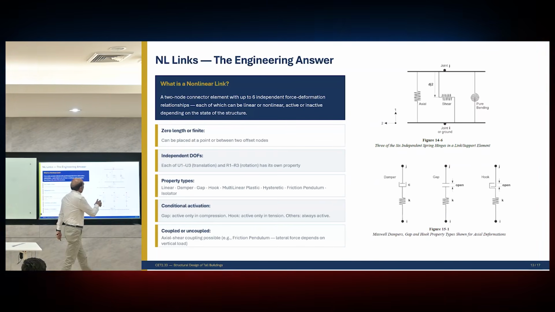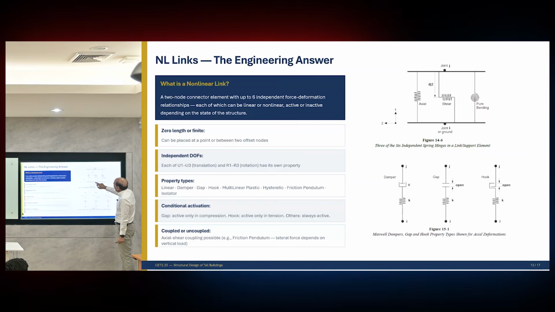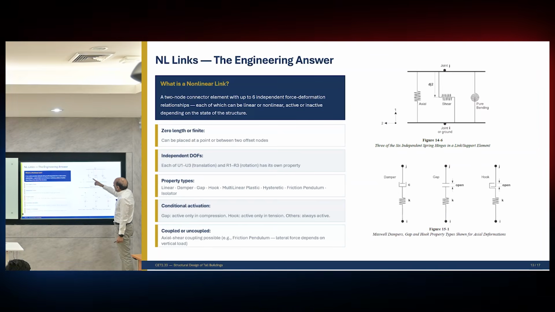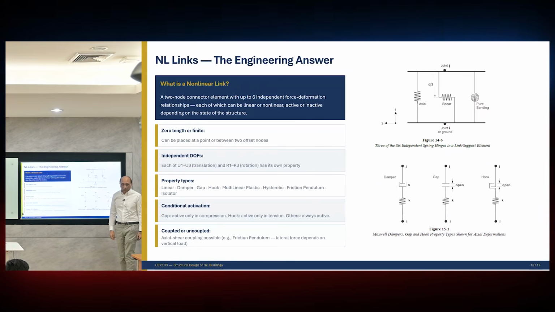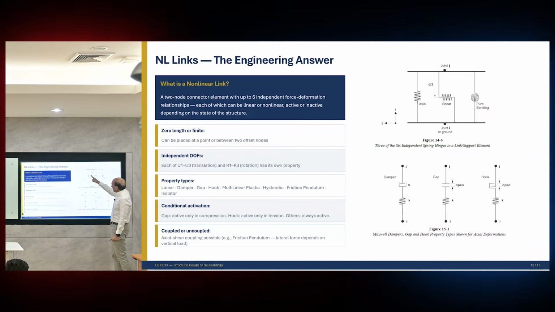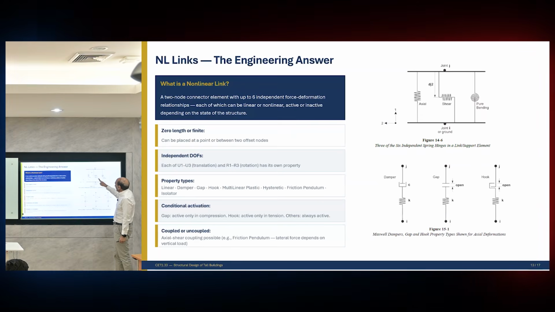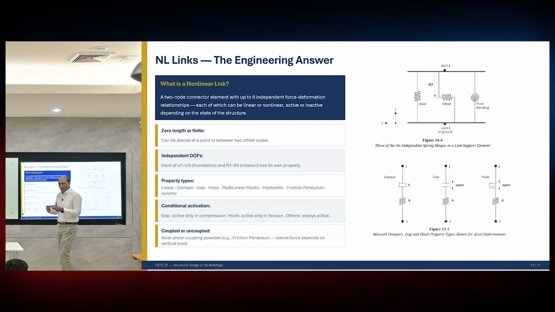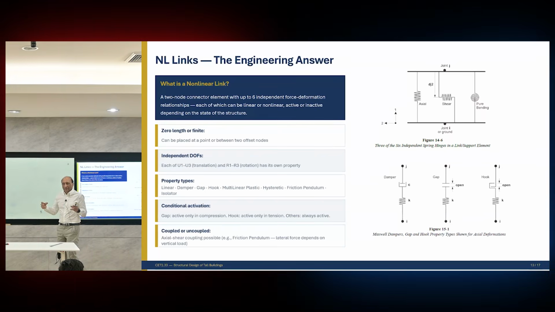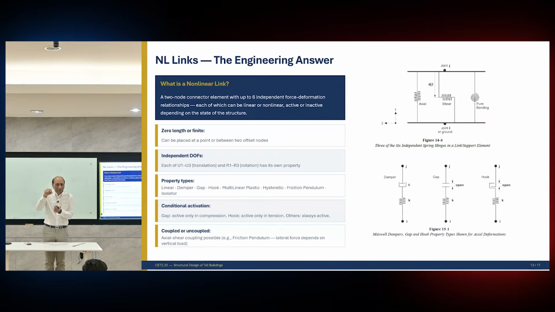In general, a typical link has two nodes, joint I and joint J. And within that, you actually have 6 degrees of freedom connecting those two joints. So each degree of freedom: axial, shear 2 kinds, bending 2 kinds, and torsion, you can separate them into 6 separate connections between the joints.